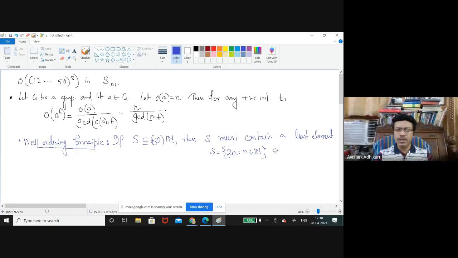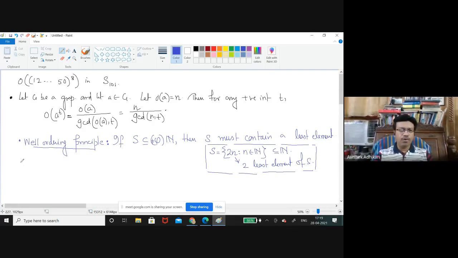Then certainly this will be a subset of the natural numbers, and you can see that 2 is the least element of S. So that is the idea of the well ordering principle, and I am sure that in your first undergraduate course on classical algebra, you must have done all those things.